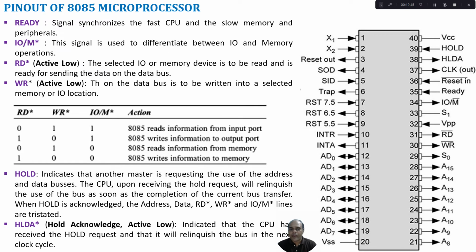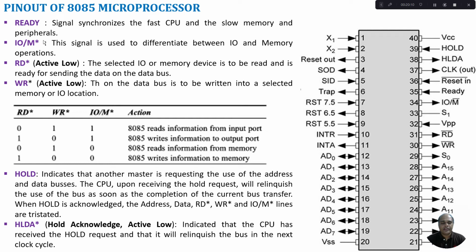So it should provide a ready signal so that the CPU will understand, okay, the peripheral is ready to accept the information, so the CPU can transfer the next information to the peripheral device. That is taken care of by the ready signal. It is used for synchronizing the fast CPU with the slow memory or peripheral devices.